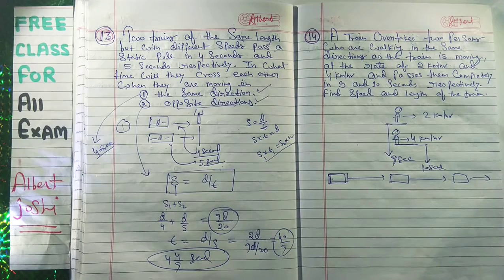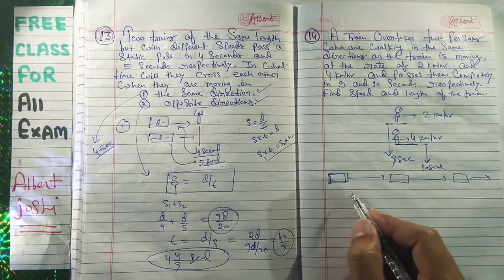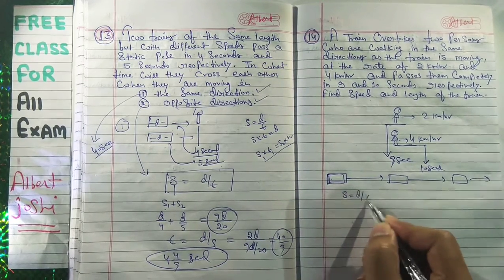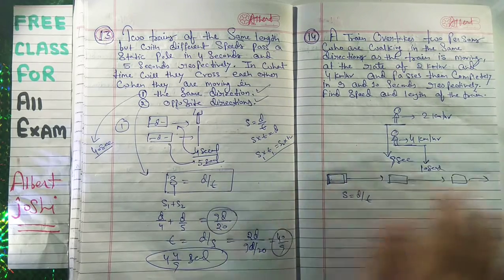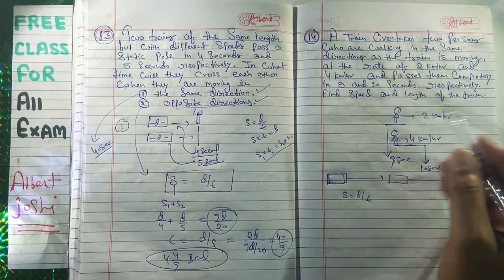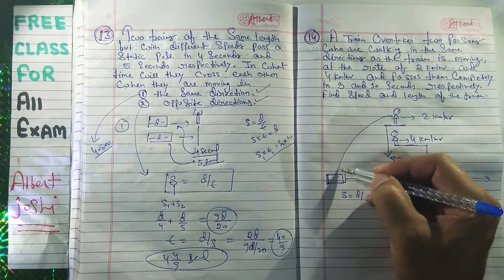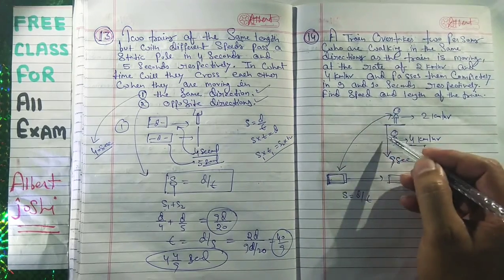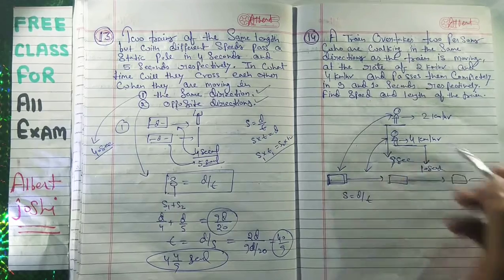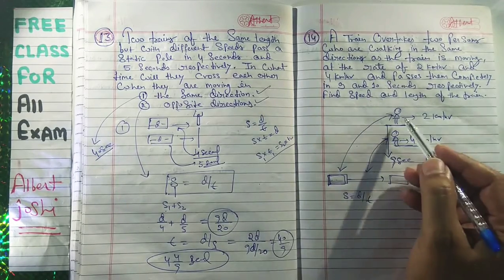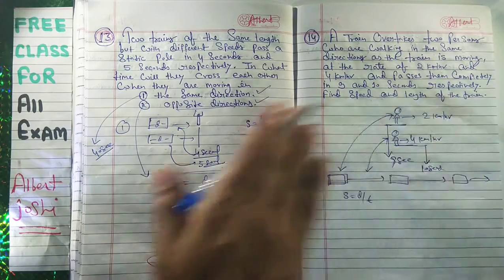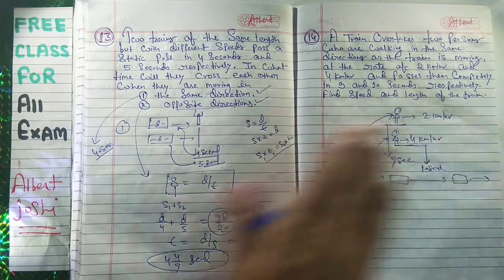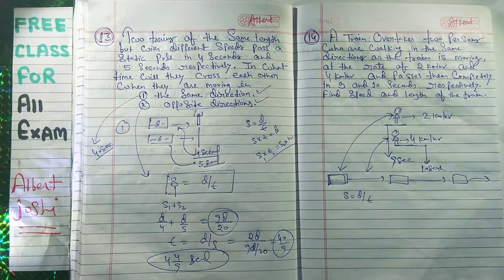Very simple. You know that speed is equal to distance upon time. Whenever all are moving in the same direction, at first you find a relationship between the train and this man, then the train and this man. Whenever they are going in the same direction, you have to subtract.